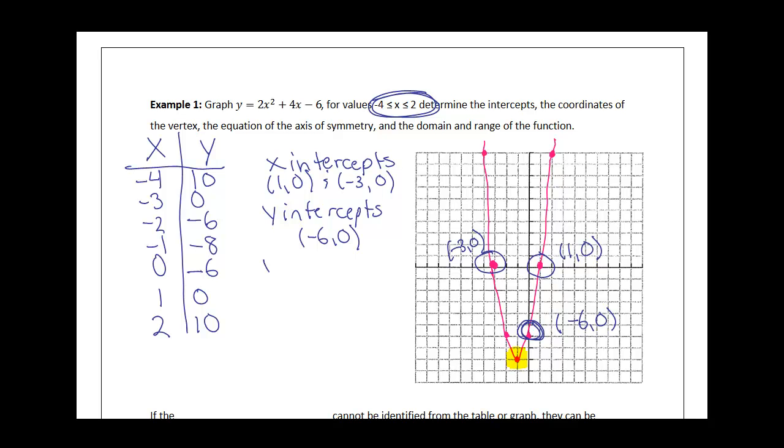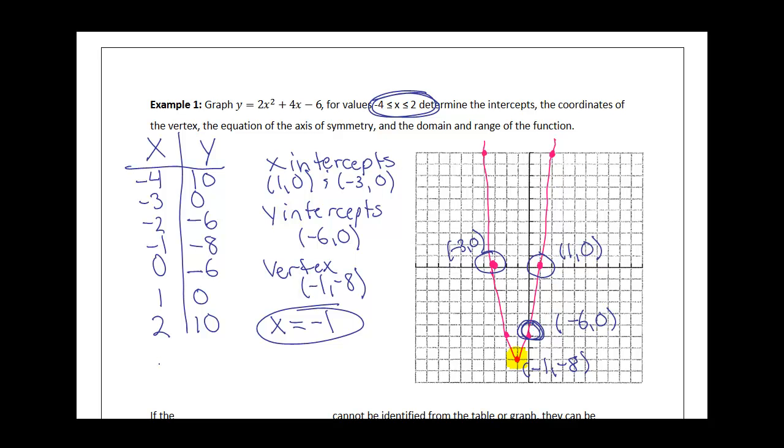And that coordinate then is -1 and -8. Our vertex here is -1, -8, our smallest point of our graph. Hence, from there, we know what the axis of symmetry is, and that is going to be the x value from our vertex, which is x equals -1. That's the axis of symmetry.